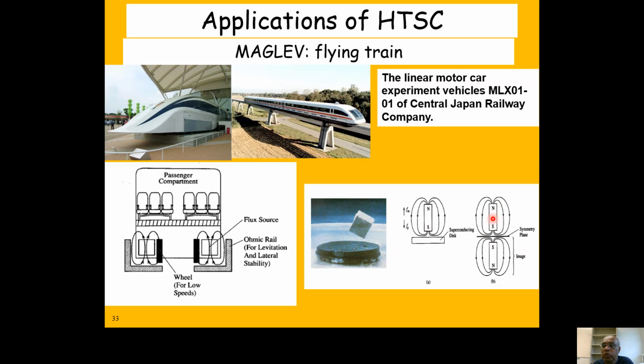South and south poles repel each other. So if you have superconducting magnets, we can have a vision about building these maglev trains using high TC superconductors.